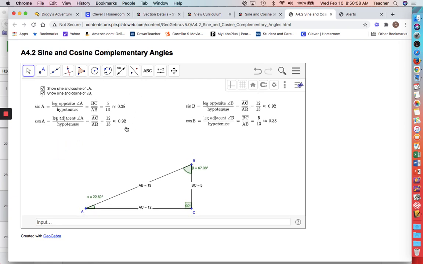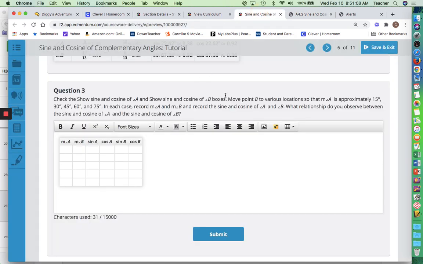Okay, well, they got the same thing we got. 0.38, 0.38, and they switch on us, 0.92, 0.92. All right. Move point B to various locations so that angle A is approximately 15, and then 30, 45, then 60, then 75.